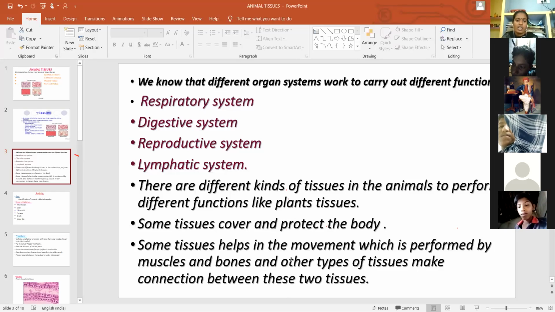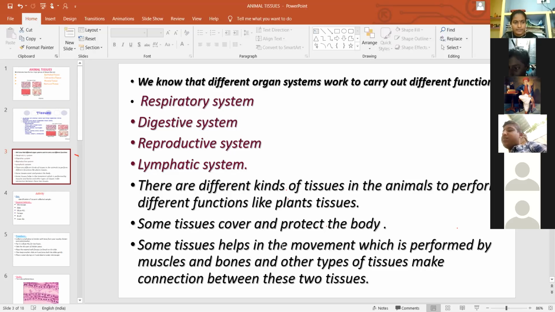Next, some tissues help in movement, which is performed by the muscles and bones.